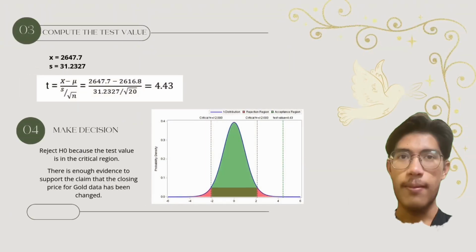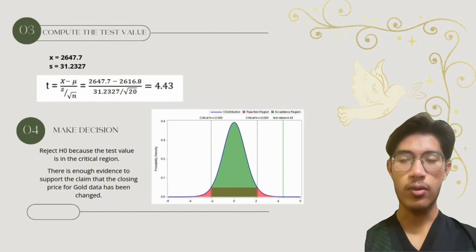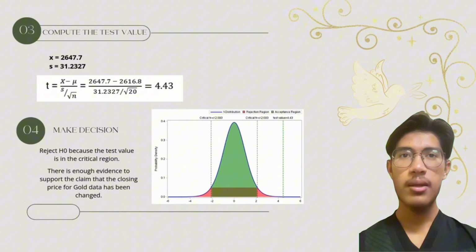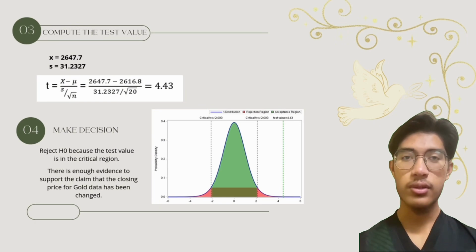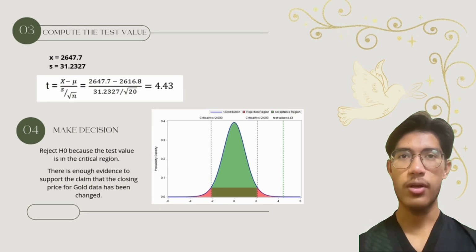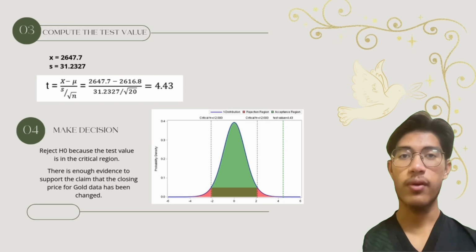For the next step, we calculate using the formula T equal to mean minus population mean over standard deviation divided by square root of sample size. We input the values 2647.73 minus 2676.80 over 31.233 divided by square root of 20, and the result we got is 4.43.